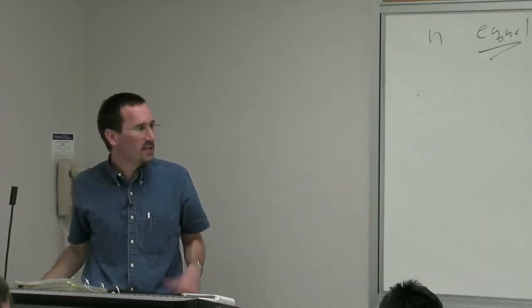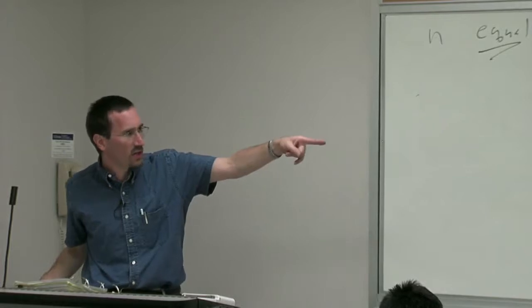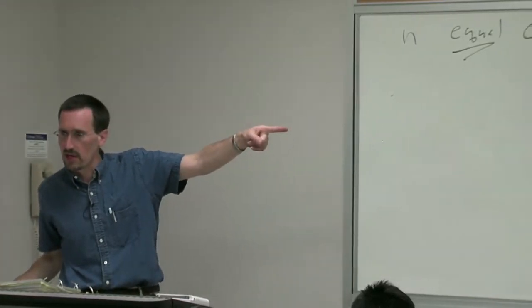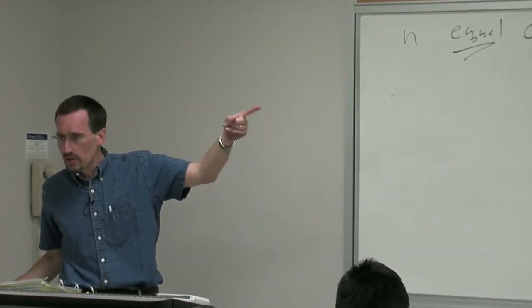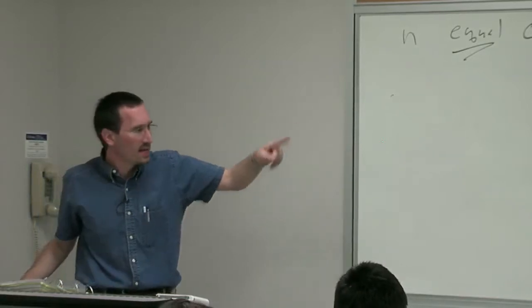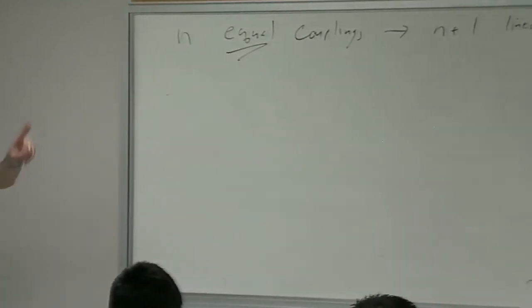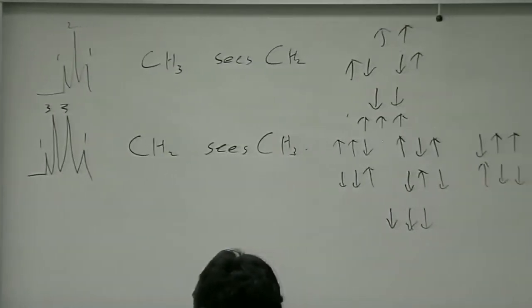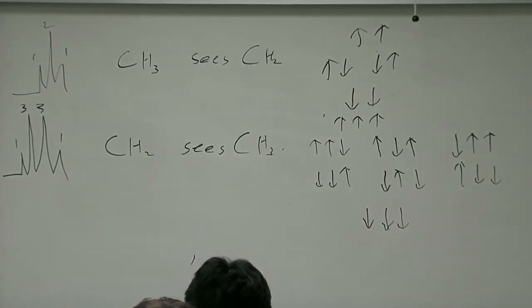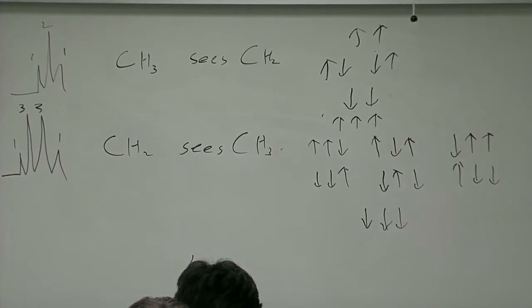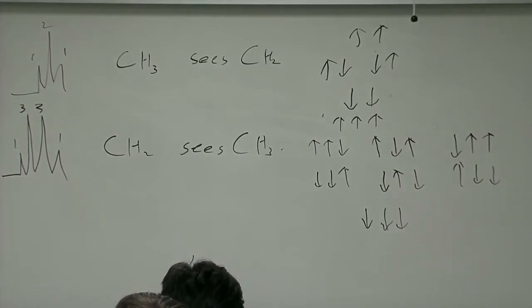Those 5 lines follow Pascal's triangle. You can work out the statistics yourself, or you can say that those 5 lines end up being in a 1 to 4 to 6 to 4 to 1 ratio, and so forth.